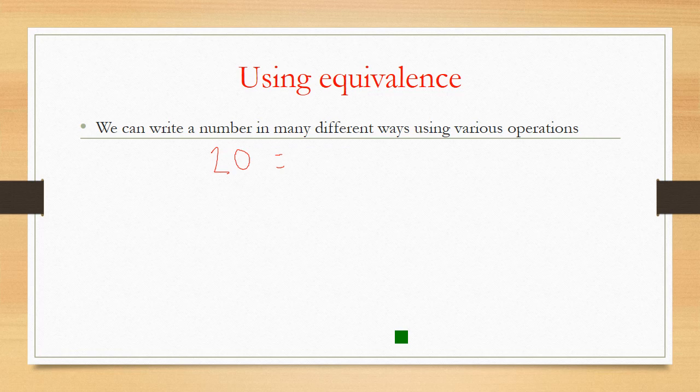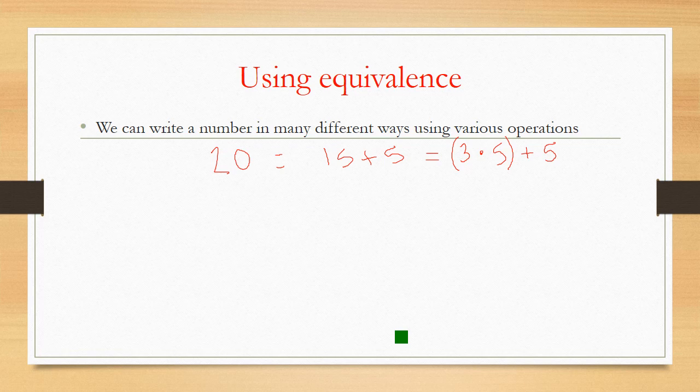So let's say I want to write this as 15 plus 5. Once I have 15 plus 5, I can then rewrite that using multiplication and keeping the addition there. So I can rewrite 15 as 3 times 5, and then I can keep the plus 5. So now I have rewritten the number 20 using two different operations.